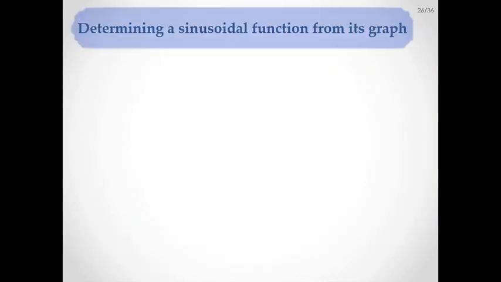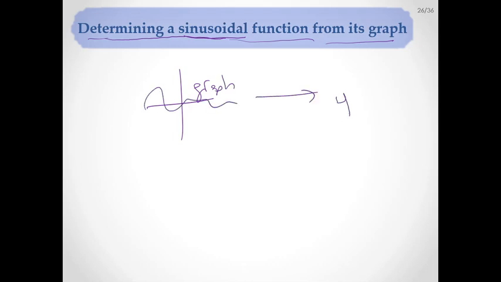Now in here, we'll try to determine a sinusoidal function from its graph. So this time, the graph will be given to us. Then we will try to get a function here. What is f of x? When it says sinusoidal, it means it's either a cosine or sine graph.